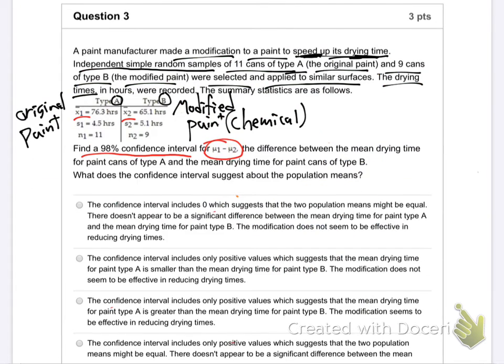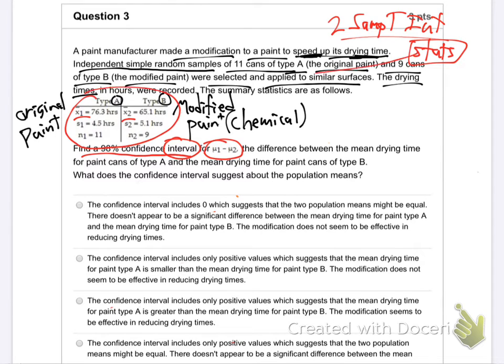2-sample T interval. Go to 2-sample T interval on our calculator. See why it's interval? Because we're doing a confidence interval, not a test. And we'll hit stats, and then basically put in all this information right there.